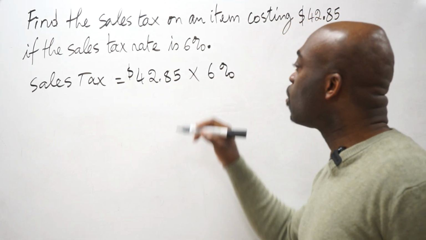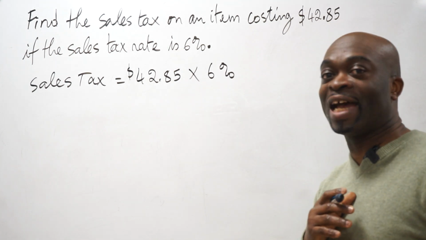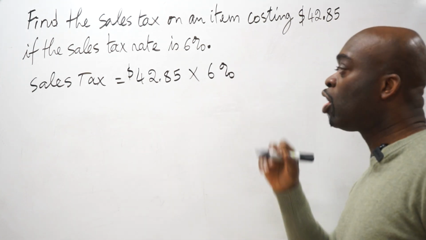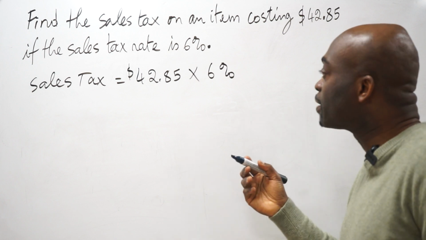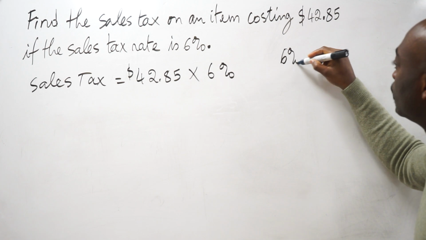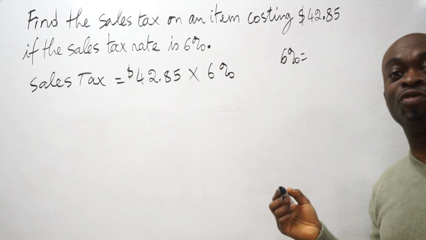We're good? So now in this case, again, we are not using a calculator, ladies and gentlemen, all right? So what are we going to do? So 6%, we all know that 6% is the same thing as 6 divided by 100, right?